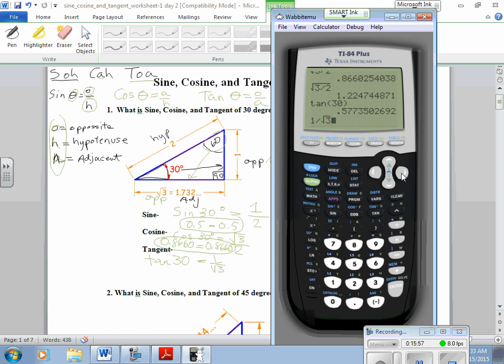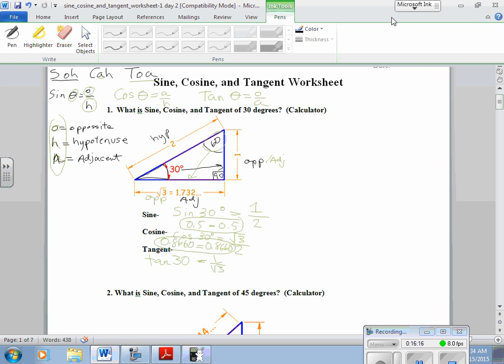Okay? Everybody okay right there? Yep. Everybody agree we got the exact decimal value? Yep. All right. So what I'm doing then is I'm showing you 0.577. I'm going to say 0.5774 is equal to 0.5774.